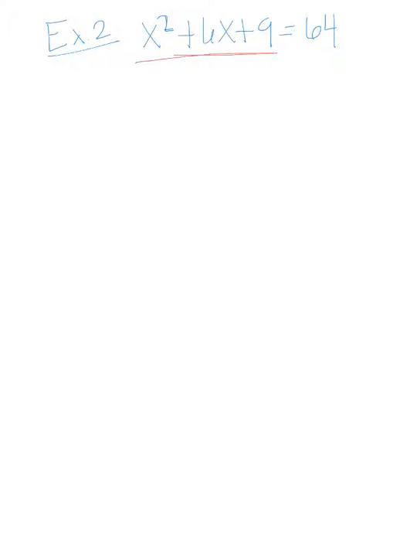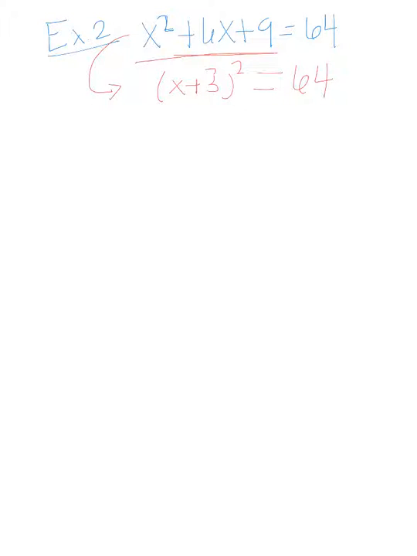It is, because I have one number that will multiply by itself to give me 9, and when I add it to itself, I get 6, and that is 3. So I'm going to rewrite it as x plus 3 squared equals, I'm sorry, my stylus is messing up, equals 64. All I did was rewrite that.